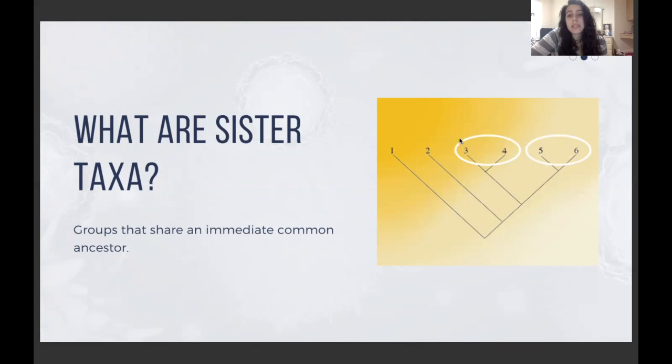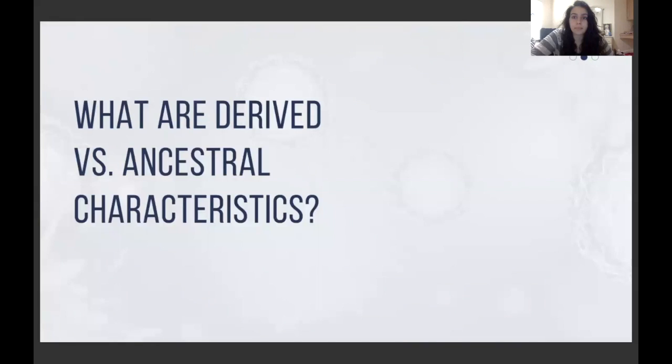So we can group together 3 and 4, and we can group together 5 and 6. And these two groups can become sister taxa because they share an immediate common ancestor. You should be able to pinpoint several other examples of sister taxa within this phylogenetic tree, and if you can't, please do come to office hours.